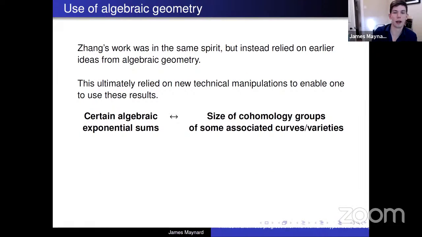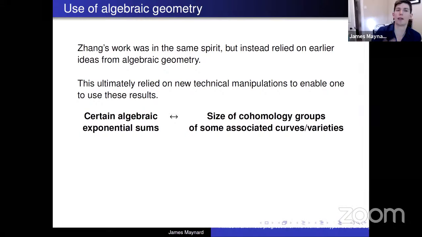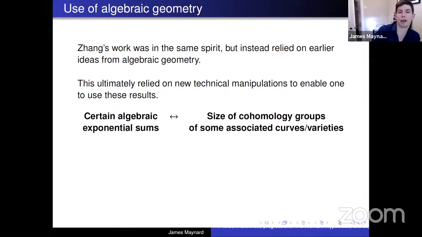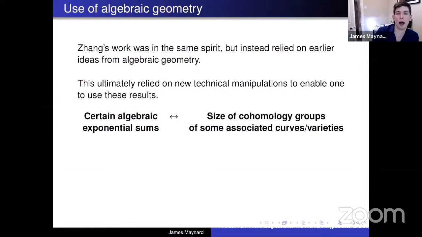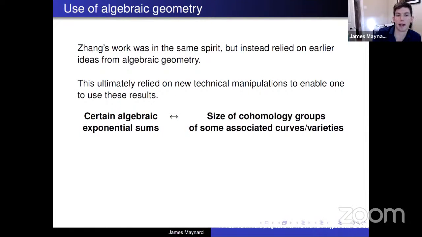On the other hand, the other key input was estimates coming from algebraic geometry. And this was one of the key innovations in Zhang's work on primes in arithmetic progressions. And the key point here is if you have some exponential sums that are somewhat algebraic in nature, then you can relate these algebraic exponential sums to the size of certain cohomology groups for some associated curves and varieties over finite fields.